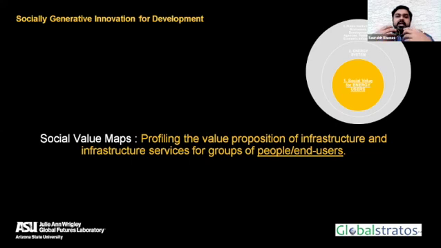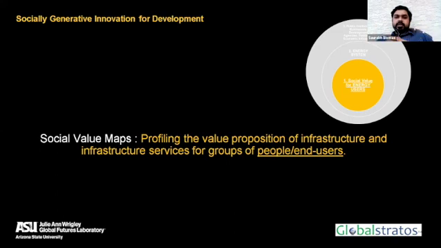So a social value map presents a profile of the value proposition that the infrastructure and infrastructure services presents and can present in the future for people or end users of that infrastructure service. Now, let us ground our discussion today in energy systems, energy as a form of infrastructure and infrastructure service. We will take that as an illustration case.